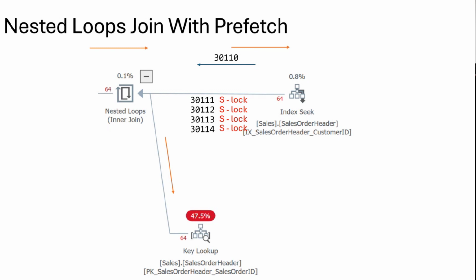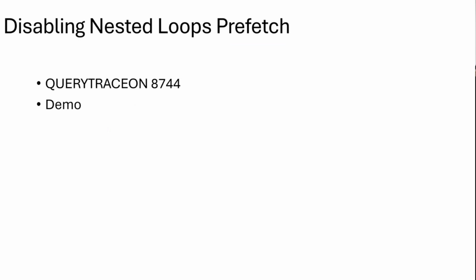So now, when SQL Server has all the customer IDs asynchronously prefetched, it can process the first customer ID and then the next customers as well. But because it can cause an issue with locking, we can disable nested loops prefetching.